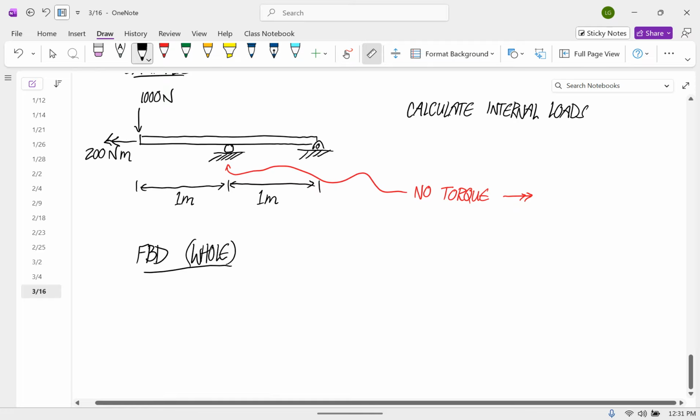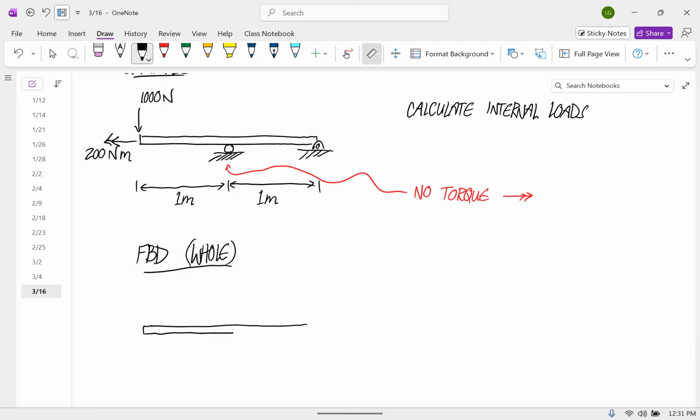Okay, so the whole body, we have an unknown force vector here. I'll call that RB. The roller provides a force with a known direction like this.